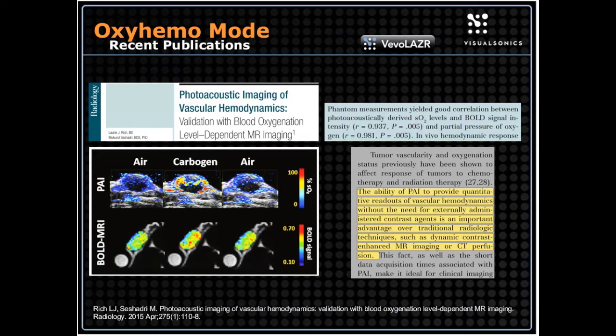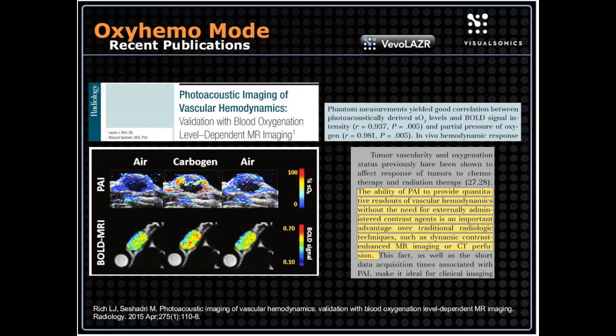And both showed a very nice correlation to each other, and you didn't need any kind of contrast agent for looking at the photoacoustic signal inside the tumor, and you got nice parametric images for both imaging devices for whether the animal was breathing air or carbogen and going back to air.